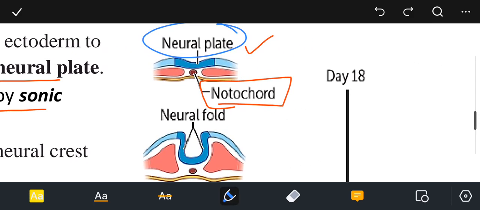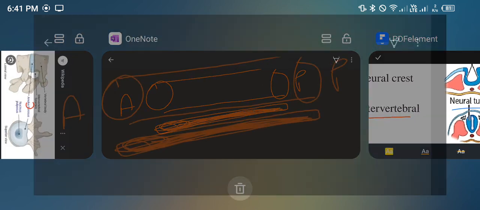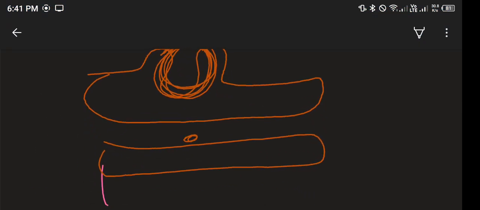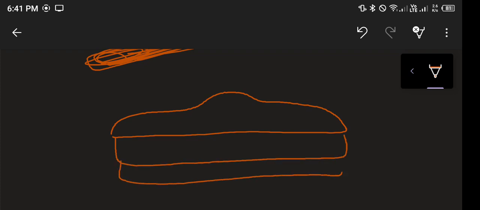As you can see, neural folds are formed, and after the neural folds we have the formation of the neural tube, and neural crest cells are also formed. If I could take you back, when the neural tube is forming, there are some cells, so let's draw it here. This is the ectoderm, below that the mesoderm, and below that the endoderm.